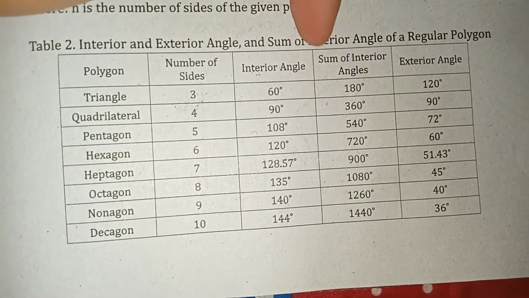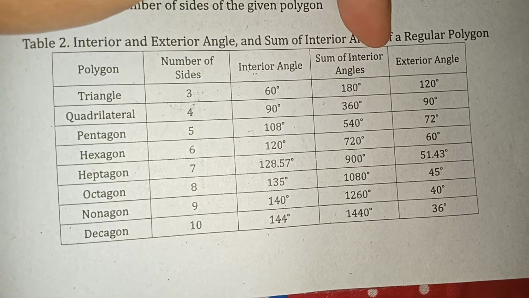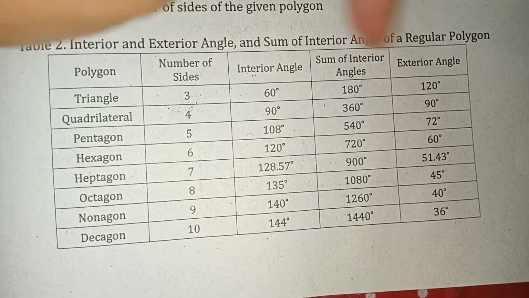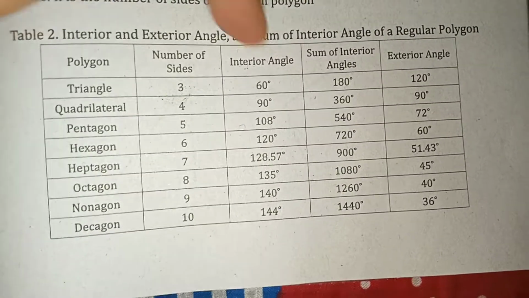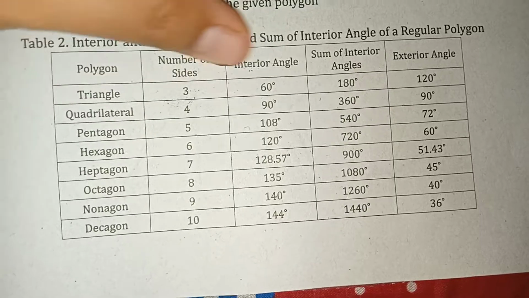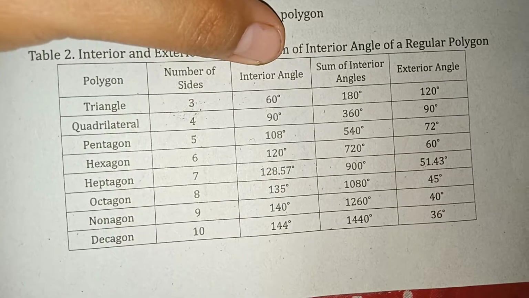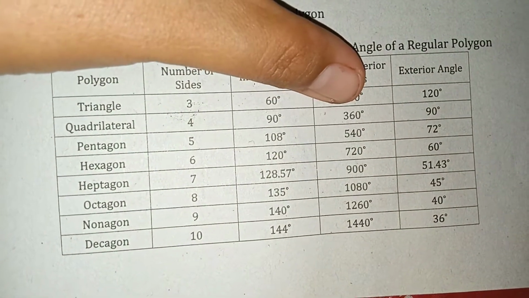The sum of the interior and exterior angles should be 180. Then the quadrilateral: all angles should be 90 degrees, and the sum of interior angles is 360.